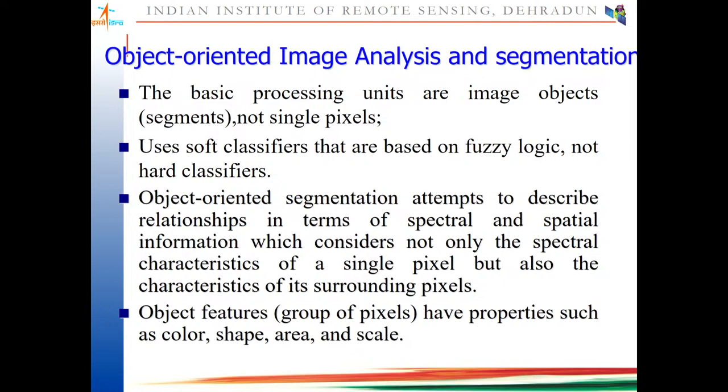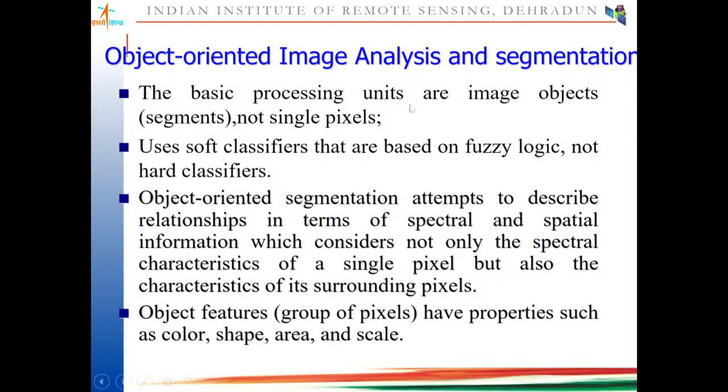Now object-oriented segmentation makes an attempt to describe relationships in terms of spectral and spatial information, which considers not only the spectral characteristics of a single pixel but also the characteristics of its surrounding pixels. That is why it is an object. So it is not based on single pixels as your supervised and unsupervised classification algorithms were, but based on a group of pixels which are called image objects or segments.